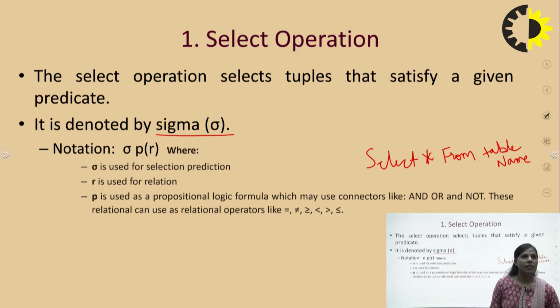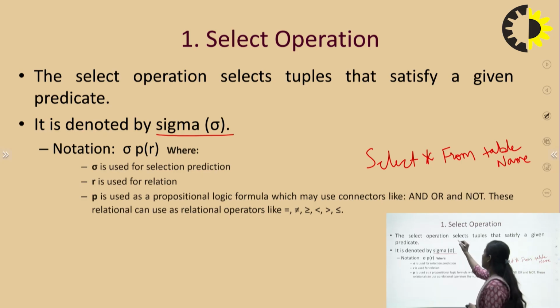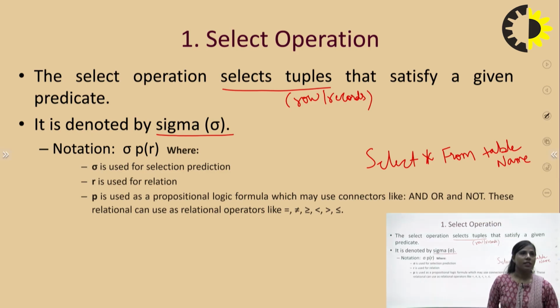We use the select operation with sigma. In the select operation, it selects various tuples. A tuple is called a row, or we can say a record. So it selects the particular rows or records which satisfy the given predicate.